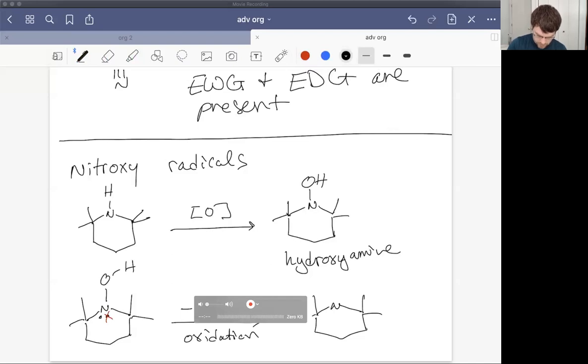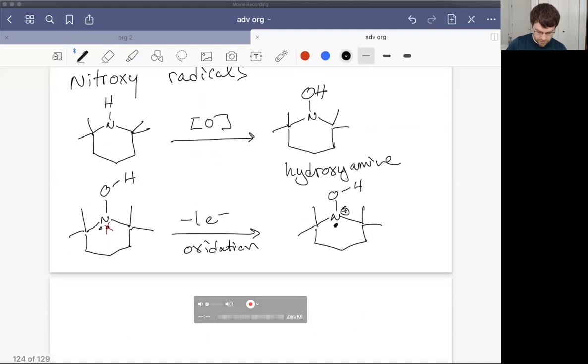Now, it turns out you can do this one electron removal under numerous conditions. You can even use electrolysis or an enzyme-mediated pathway to remove that free electron. Now, if I do that, I now have a nitrogen radical, and the nitrogen now is positively charged because group 5 element minus 4 bonds minus 1 lone unshared electron.